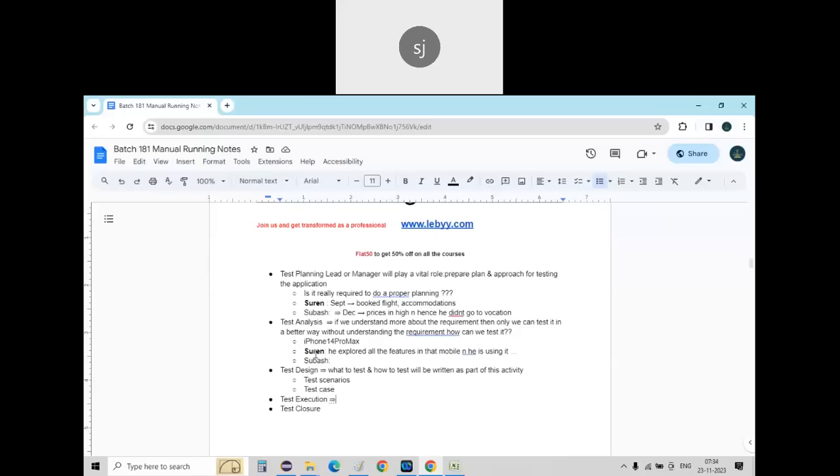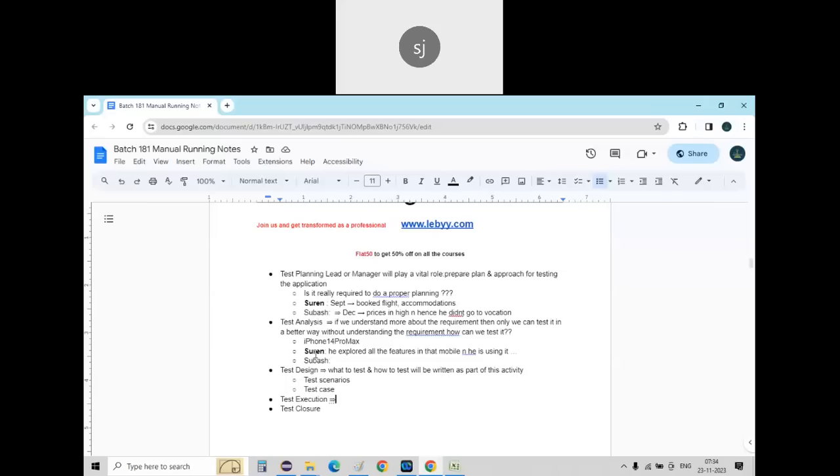But in general, if someone is referring to the word testing, internally it has all these five activities in a hidden mode. Planning, analysis, design, execution, and closure. These are the five different activities that we have.